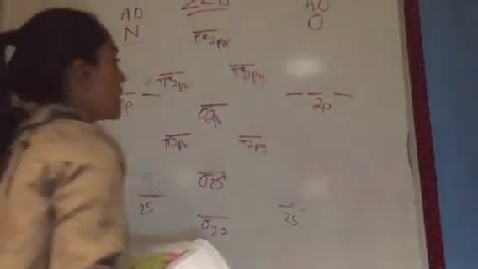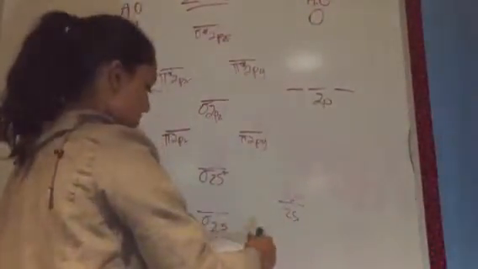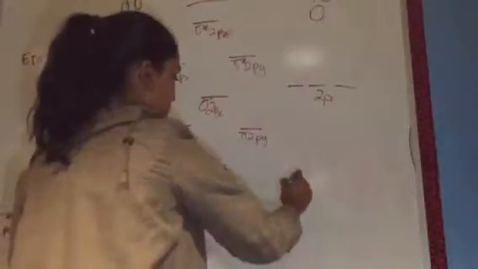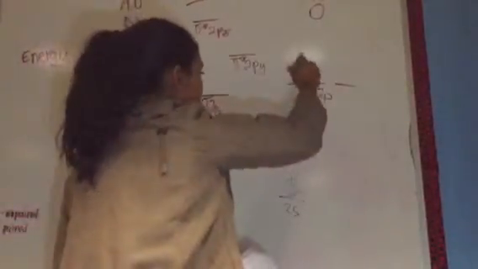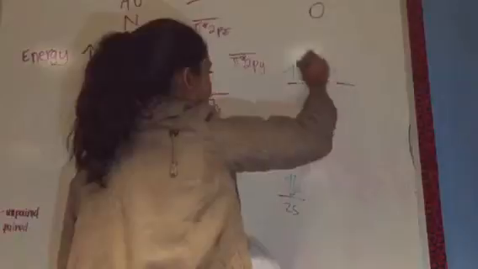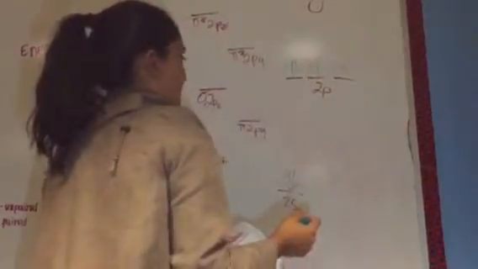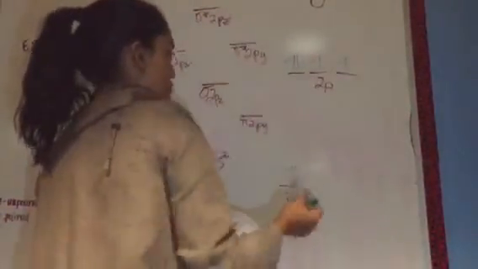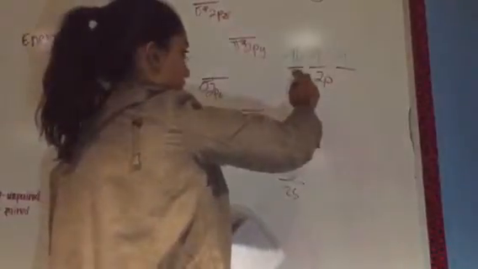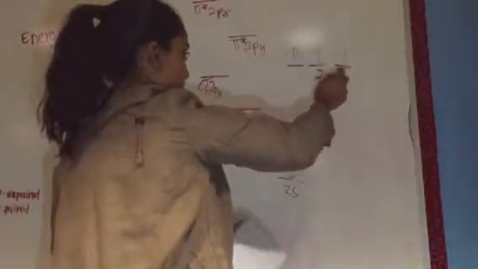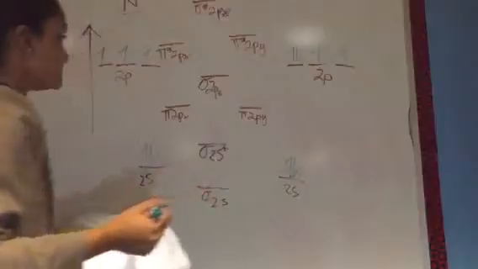Next, we're going to fill the oxygen. So oxygen has 6 valence electrons, so we're going to start with 1, 2, 3, 4, 5, 6. And the same rule applies here, Hund's rule, which is why we fill the three orbitals first, and then this is the only one that is paired.